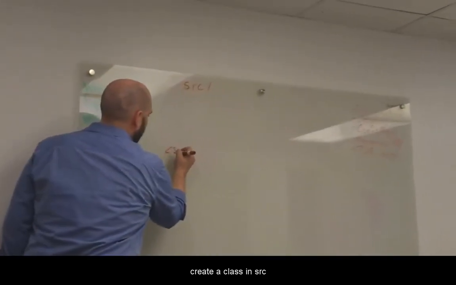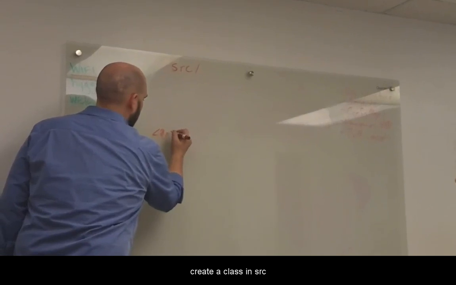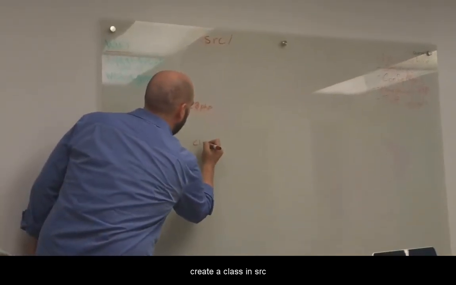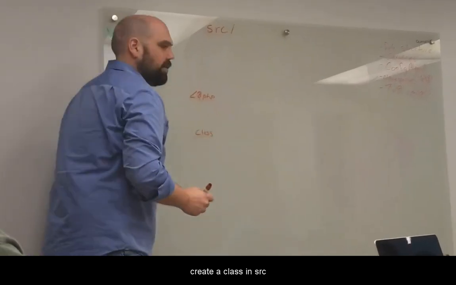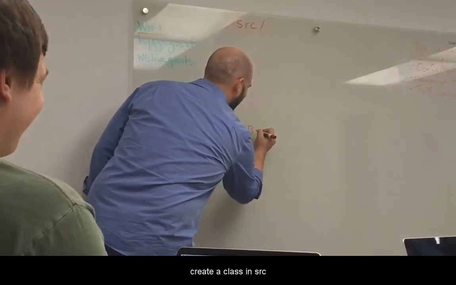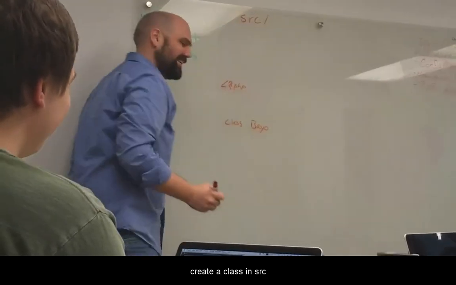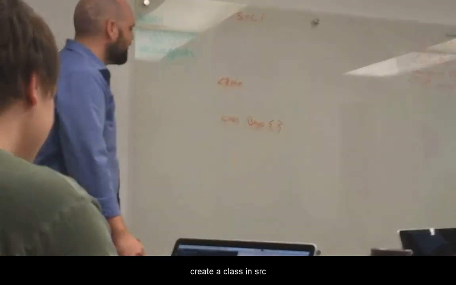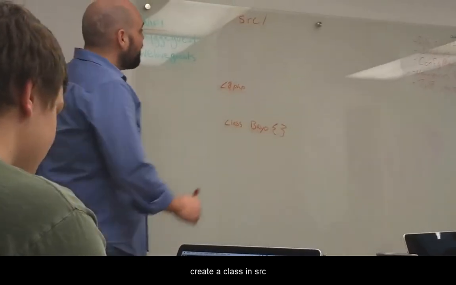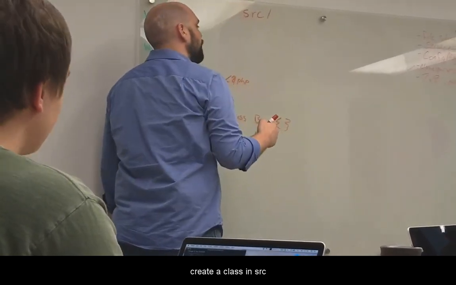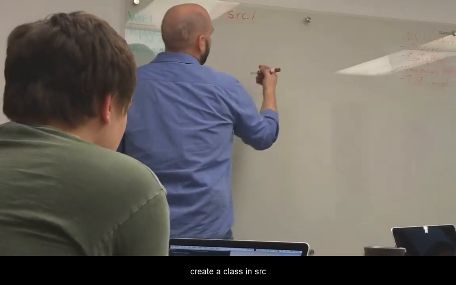All right, so I'm going to write a class like this, and this class is going to be called Bio. So this is class Bio. And I want it to live somewhere a little complicated.